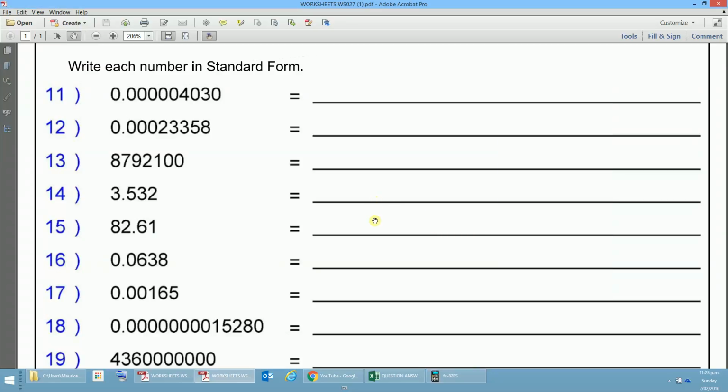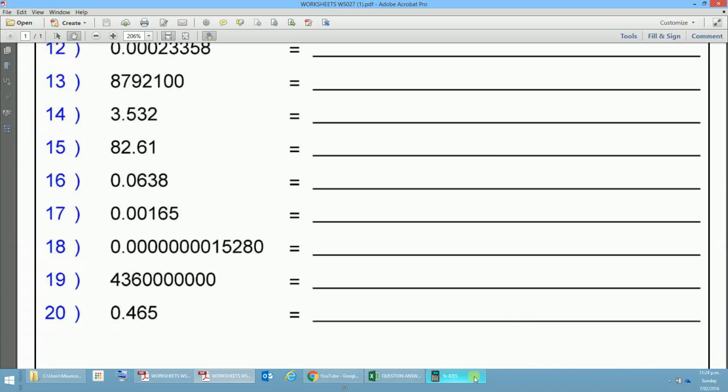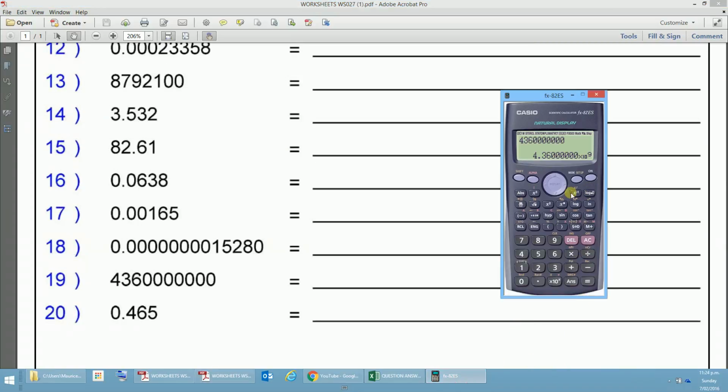Okay, and we've got one last one here. 0.465, equals 4.65 times 10 to the negative 1.